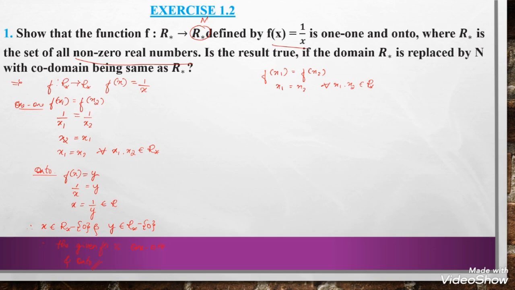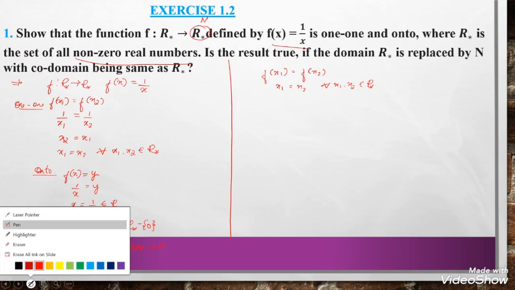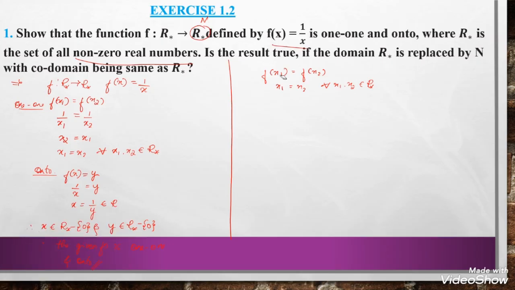Now I will check the second condition, just replacing the function R to N. Here the codomain is replaced by the natural number. Let us consider the function f from R star to natural number.